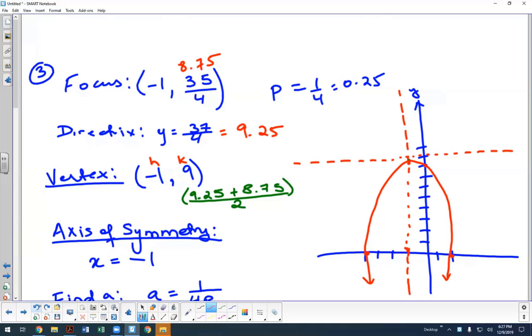So the two x-intercepts, the y-intercept, and the vertex is honestly what we need to be able to come up with our graph in this case, and then of course finding all the other values that they were asking us to find. Okay. Questions on these two examples?